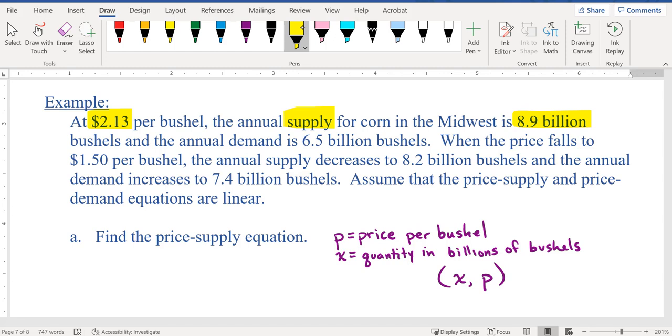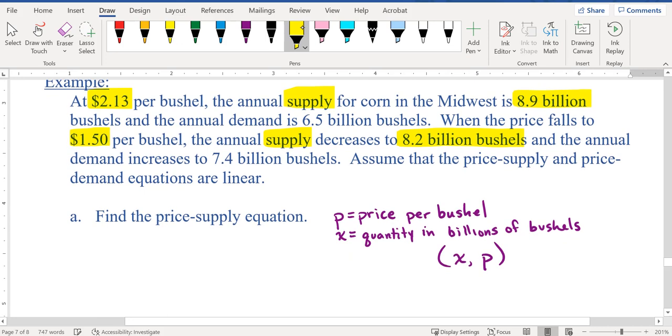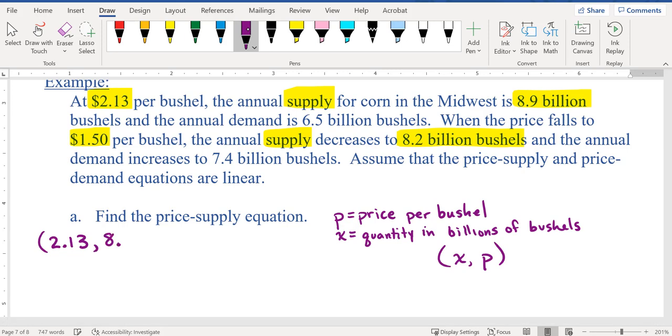When the price falls to 1.5 per bushel, the supply is 8.2 billion bushels. Do you see the 2 points there? I'm going to have the point 2.13 comma 8.9, and I'm going to have the point 1.50 comma 8.2. I need to go find a line that goes through those 2 points.